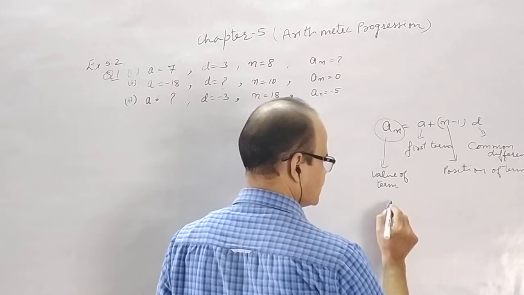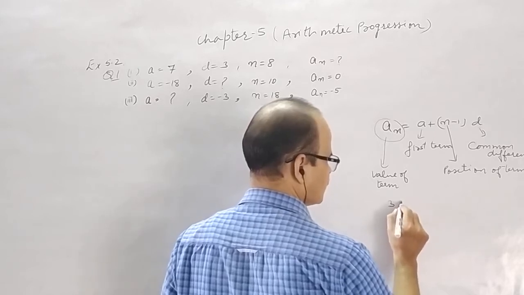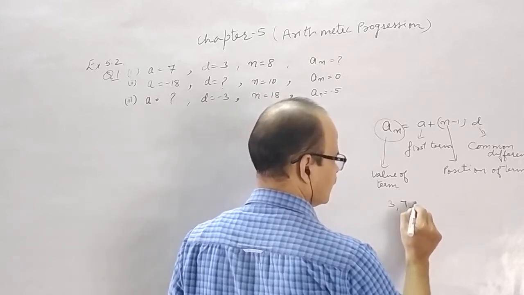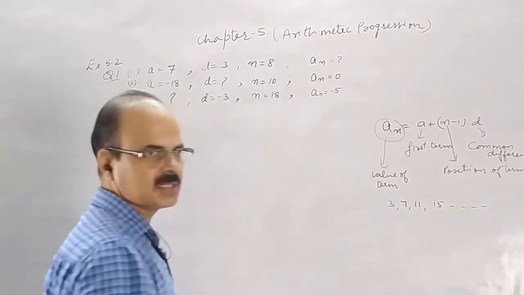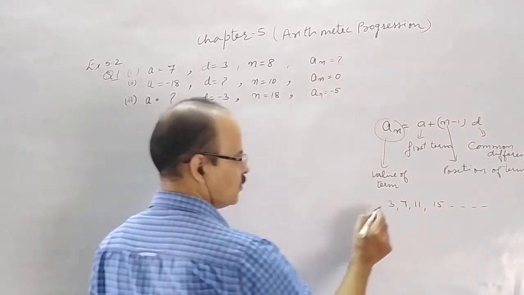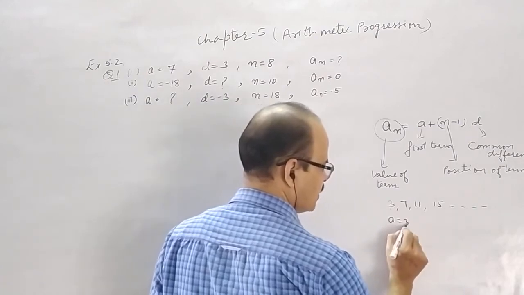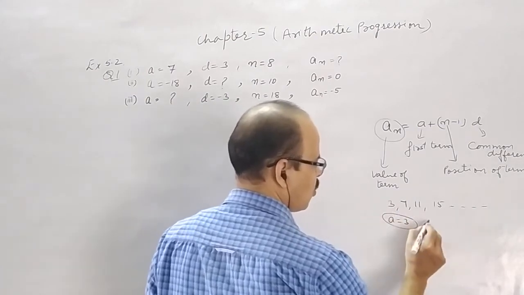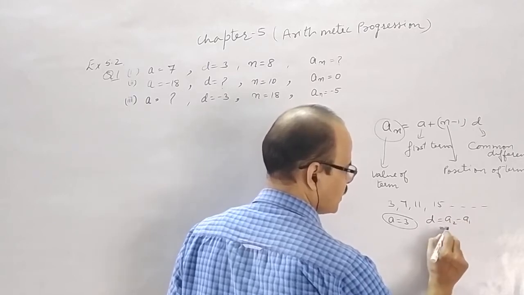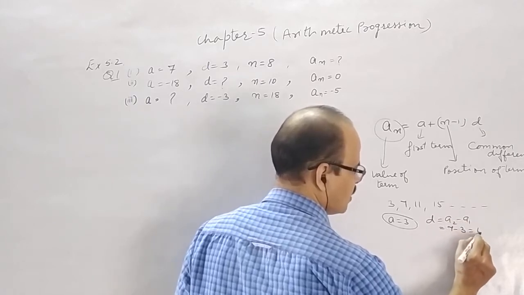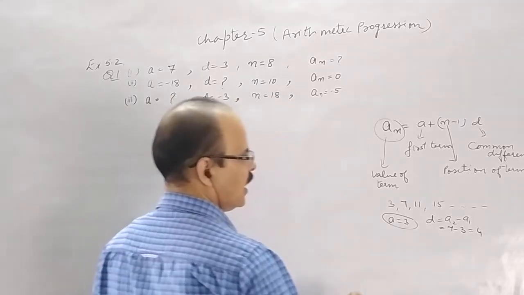Suppose the sequence is 3, 7, 11, 15. This sequence is in AP. A is your first term, here it is 3. Common difference D is calculated by A2 minus A1, 7 minus 3, which gives 4.